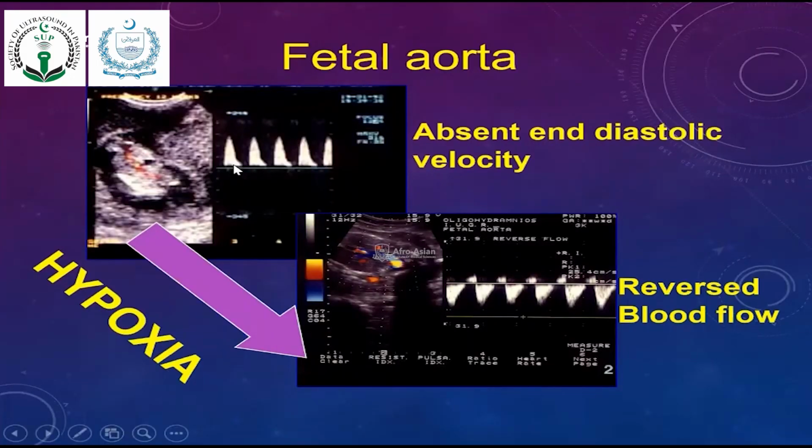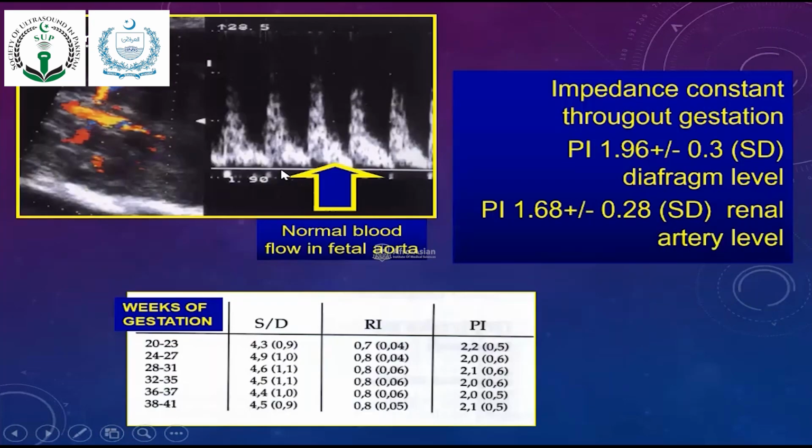So at fetal aorta, you can see the absent diastolic flow. Let me take you back to the normal flow. This is the normal signature of fetal aorta. Systolic, diastolic. This systolic is almost 4 times the diastolic. How can I say 4 times?